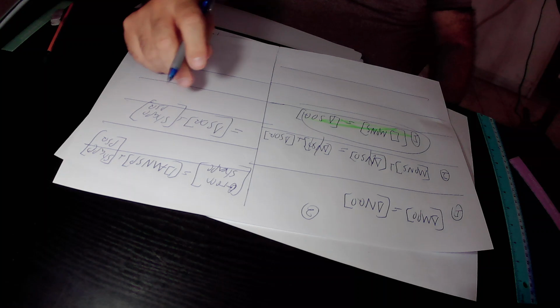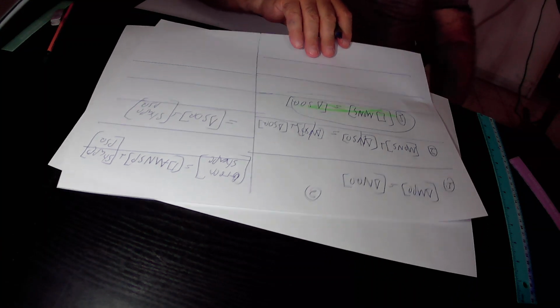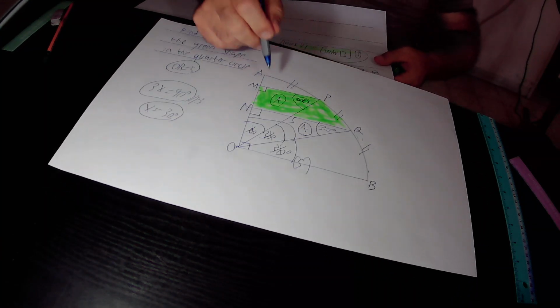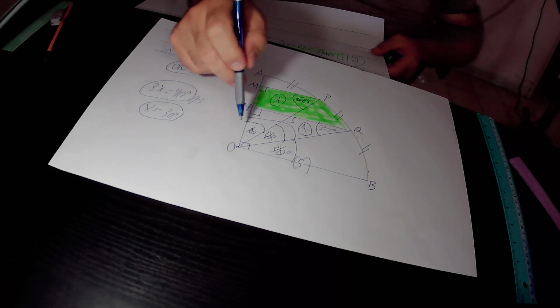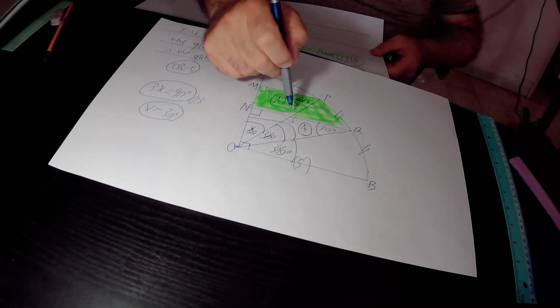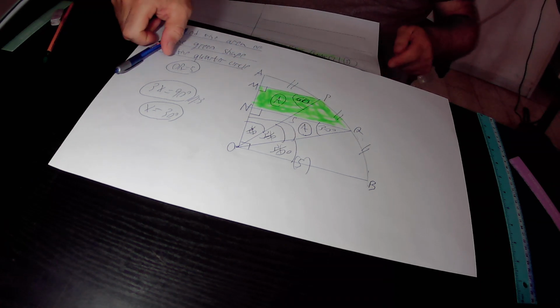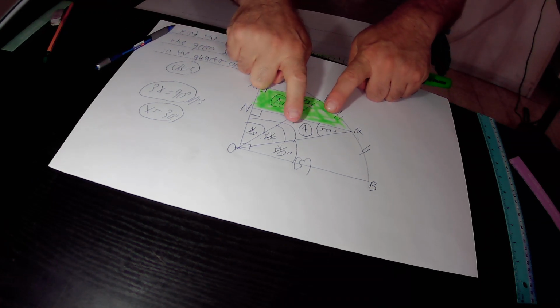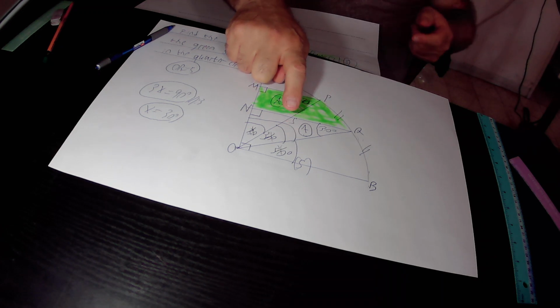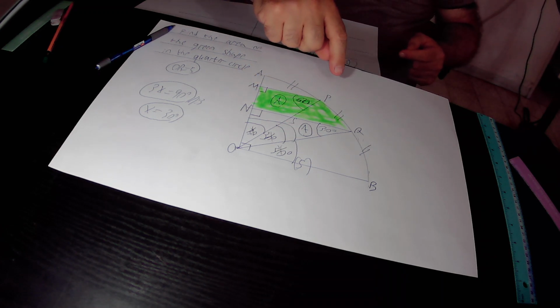So in total, the area of this green shape equals the area of this white triangle SOQ plus the area of the green shape PSQ. But the sum of the areas of those two components is exactly the area of sector POQ.